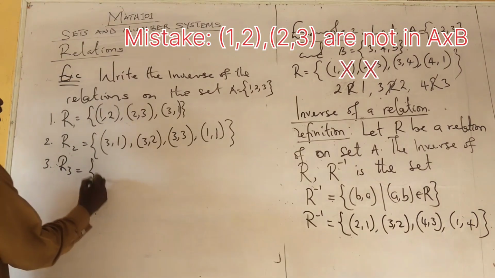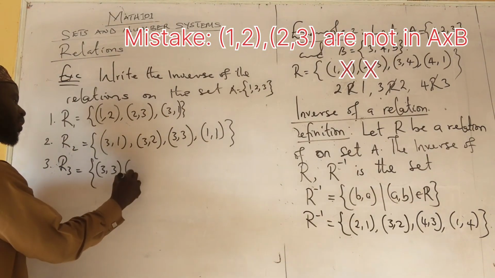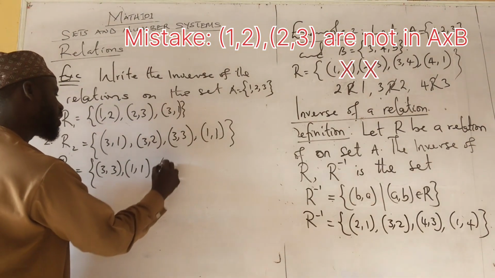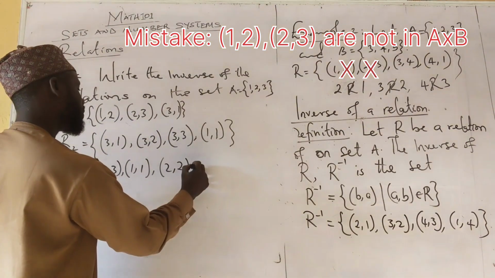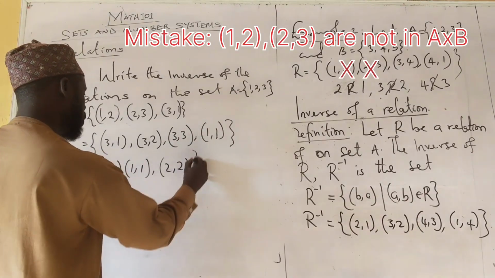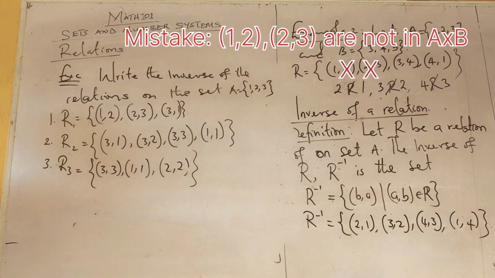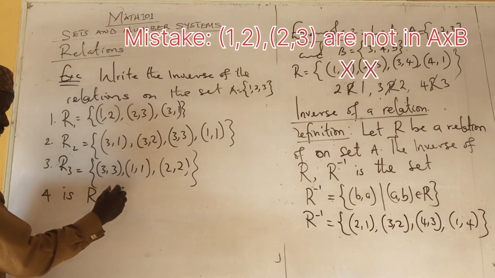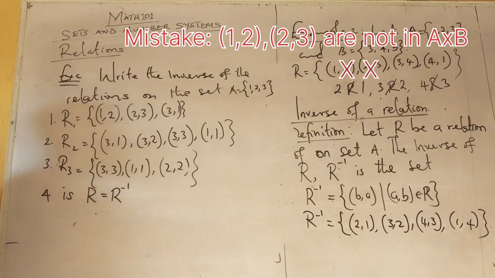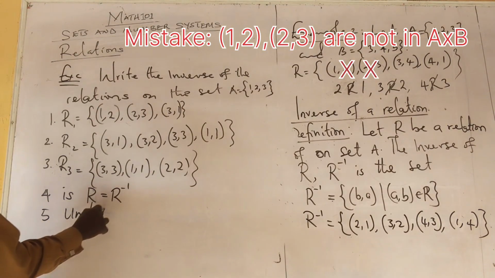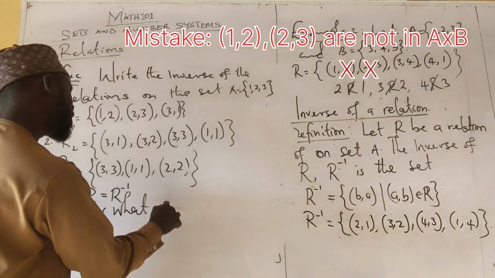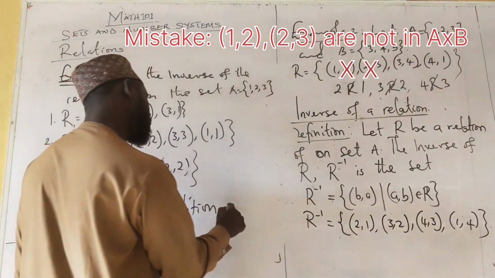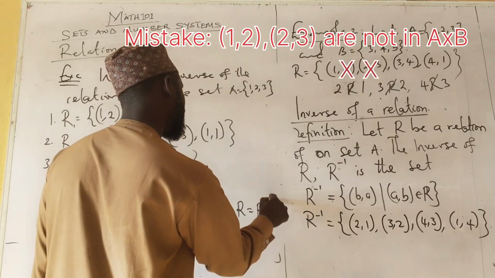R3, this relation is given by (3, 3), (1, 1), and then (2, 2), and then (2, 2). Write their inverses. Is R equal to R inverse always? If yes, fine. If no, under what condition is R equal to R inverse?